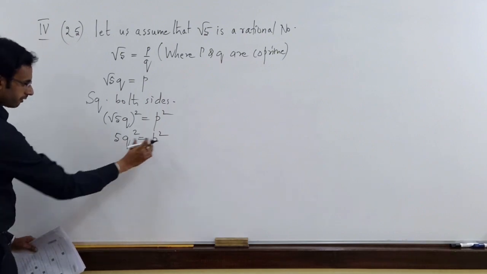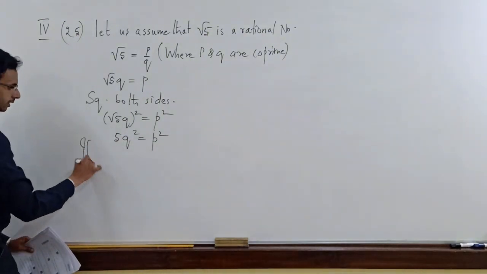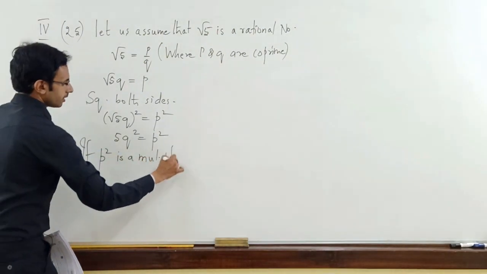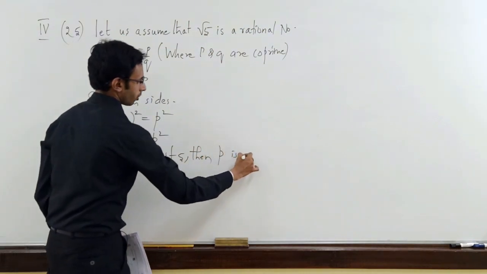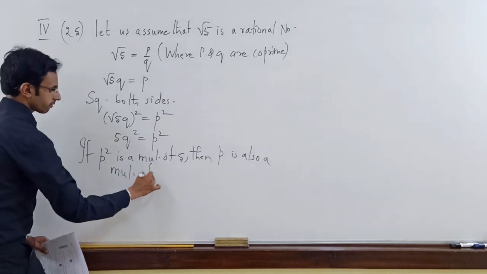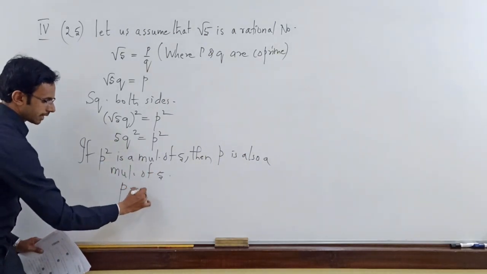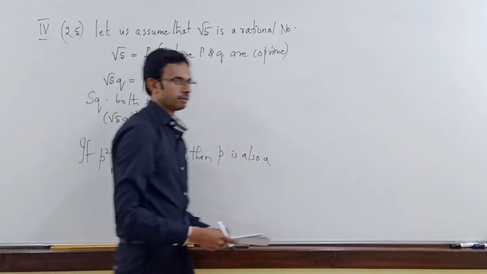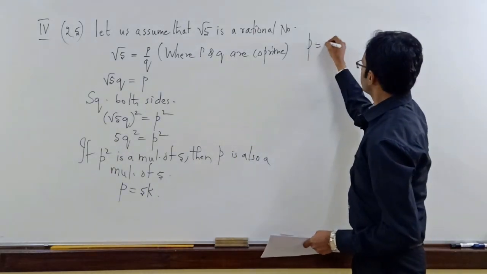And the theorem says if p square is a multiple of 5, then p is also a multiple of 5. If it is a multiple of 5, we can express p as 5k. This term can be your choice, it can be 5m or 5k. As per the text, it is 5k. So p is equal to 5k.